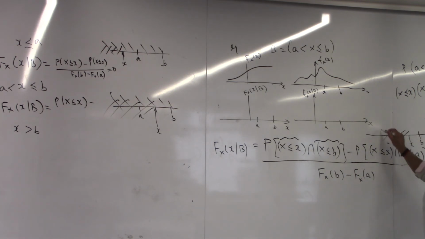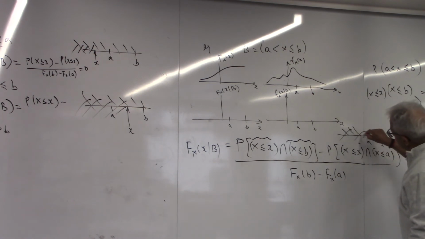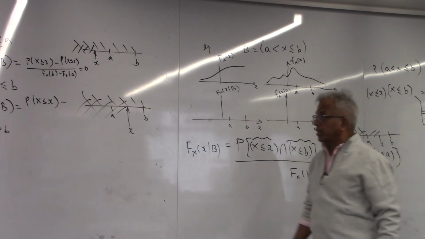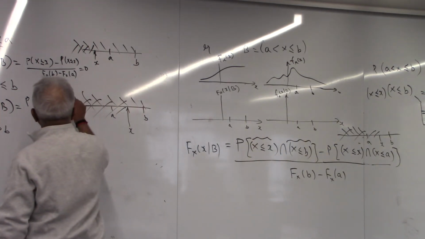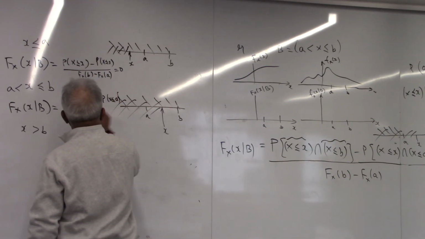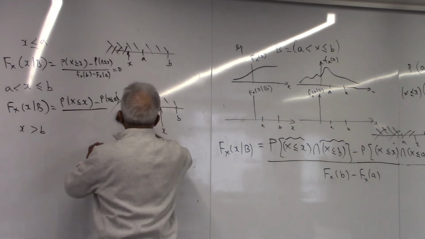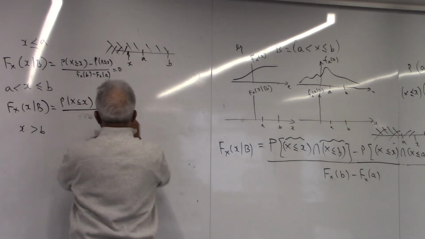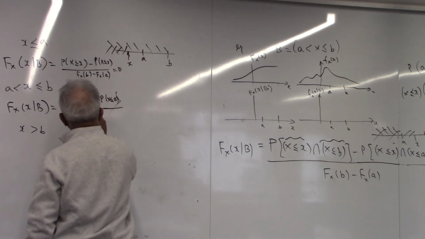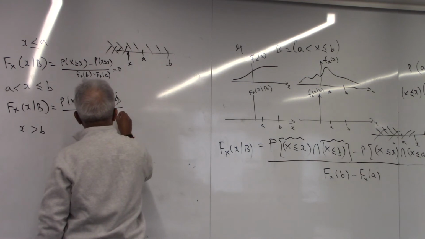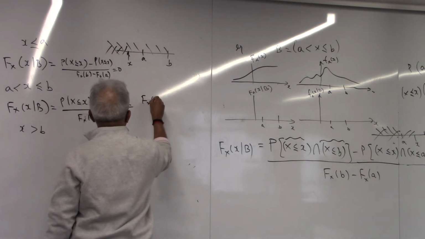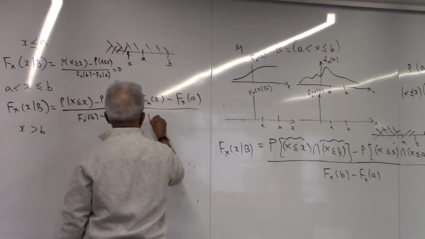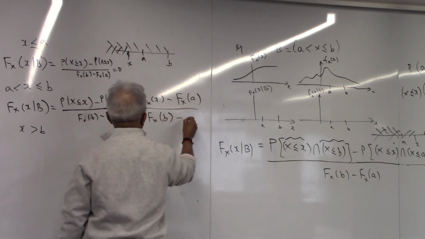So X less than x intersection with X less than a, their intersection is going to be X less than or equal to a. So that's probability of X less than or equal to a. The numerator is F_X(x) minus F_X(a), divided by F_X(b) minus F_X(a).